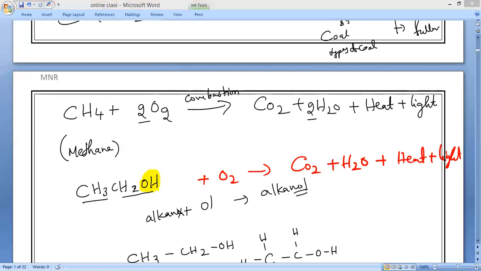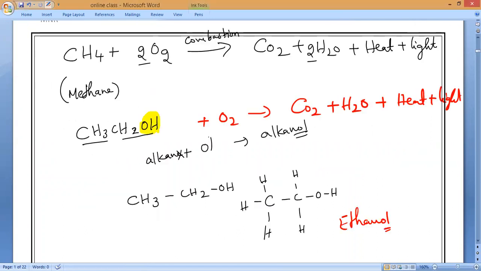CH3CH2OH plus O2 gives you CO2 plus H2O plus heat and light energy. So this is what it is. So balance it fast. Anybody? 2CO2, 3H2O. Yes, somebody saying? Think and do it. Don't simply do it.